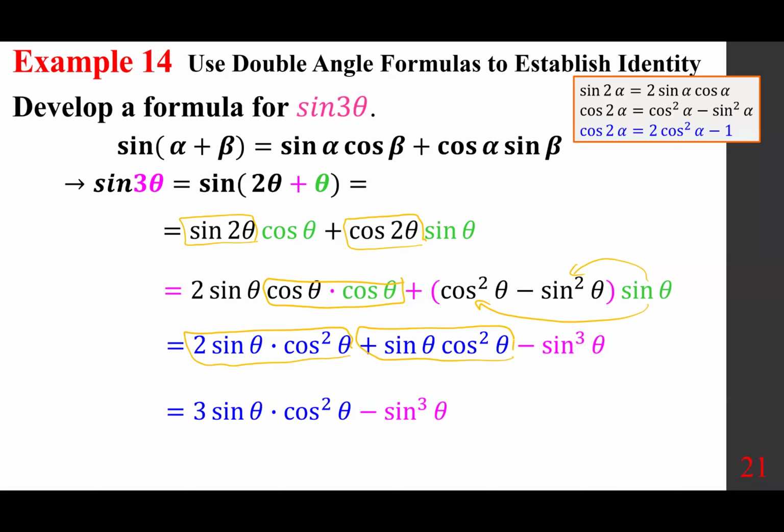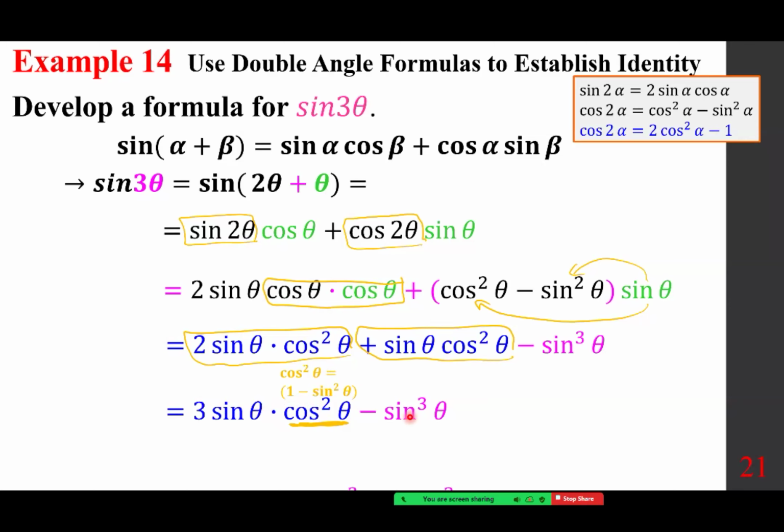We want to change everything to sine, so we change cosine squared to 1 minus sine squared. If we do that, 3 sine theta times 1 is 3 sine theta, minus 3 sine theta times sine squared theta, and minus sine cubed.